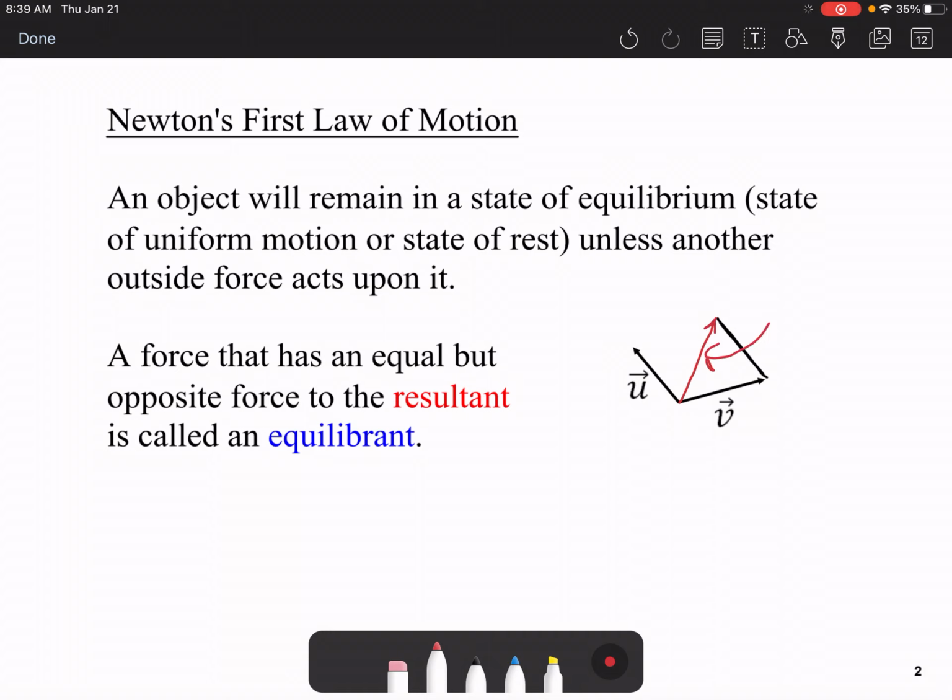This is my resultant. Whereas the equilibrant is the equal and opposite force. I'm going to draw it tail to tail with it. It's called this vector. This is the equilibrant. It's the exact same size as you can see, but headed in the opposite direction.